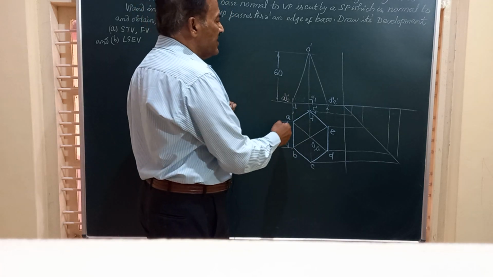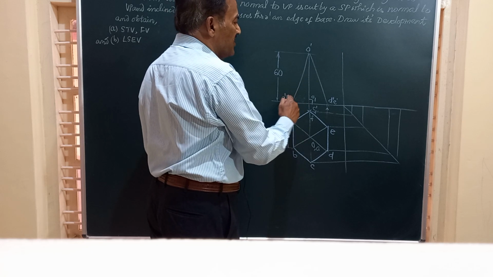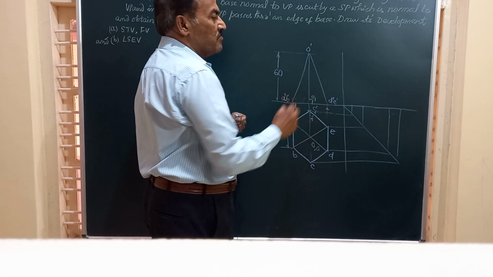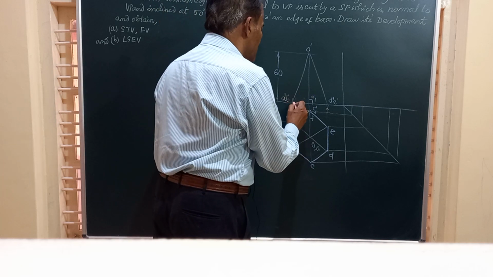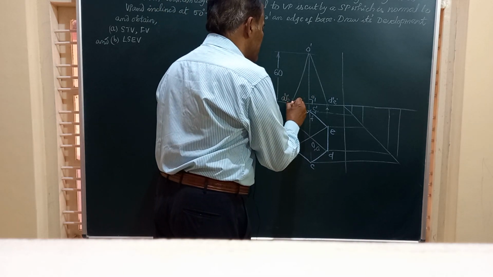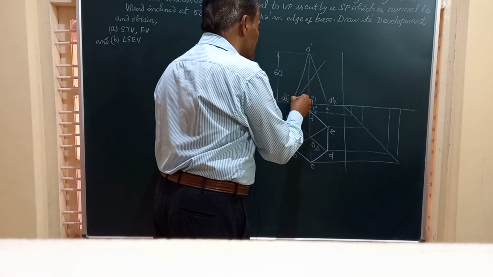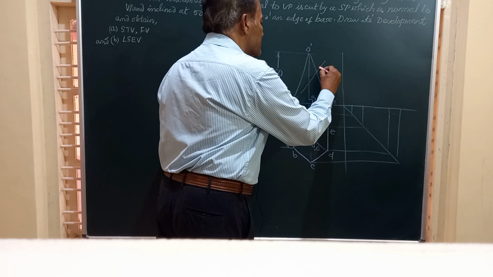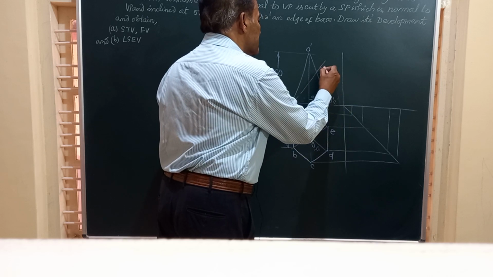Now the section plane can be taken either inclined to the right, passing through AB, or inclined to the left, passing through DE. So let us say we are passing the section plane through this point A dash, B dash, and inclined at an angle of, say, 50 degrees to HP. They have given in the question, this is 50 degrees.